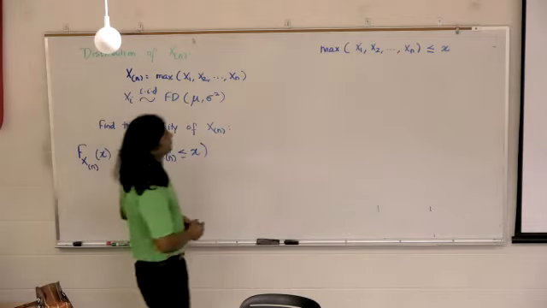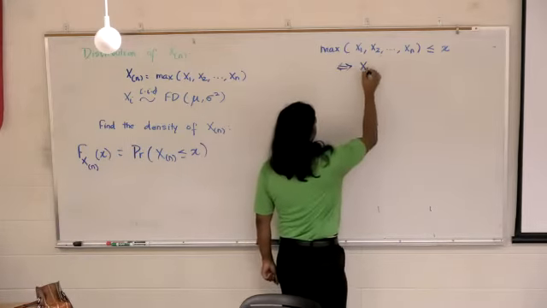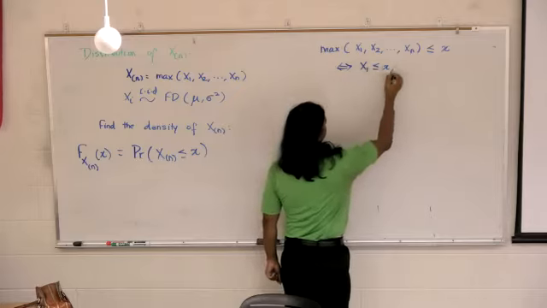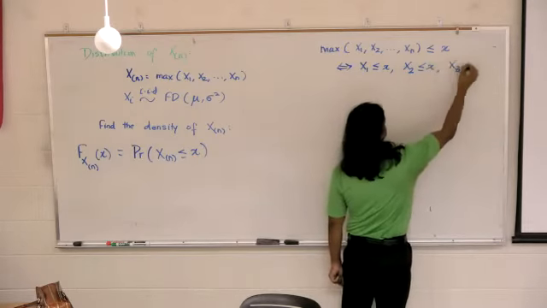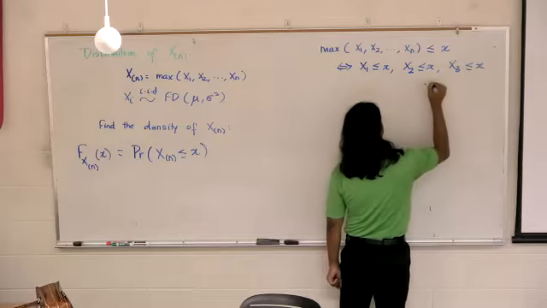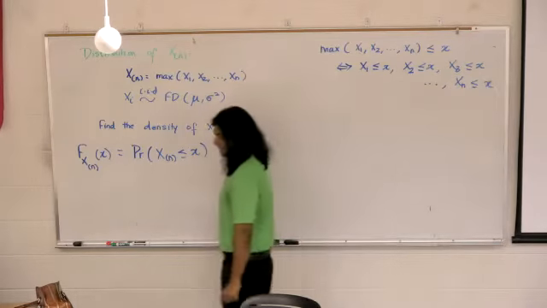So that is equivalent to saying X1 is less than or equal to x, X2 is less than or equal to x, X3 less than or equal to x, dot dot dot, Xn less than or equal to x.